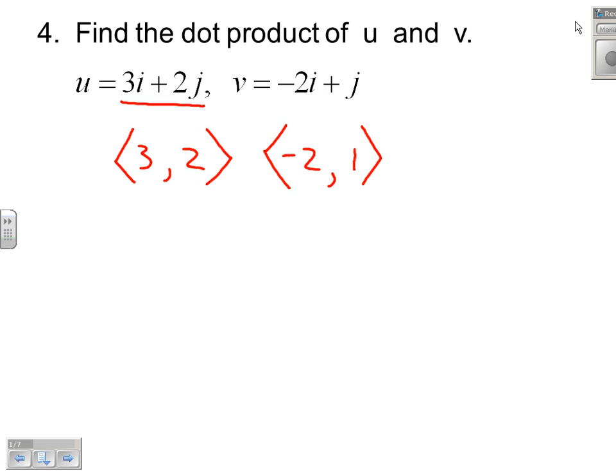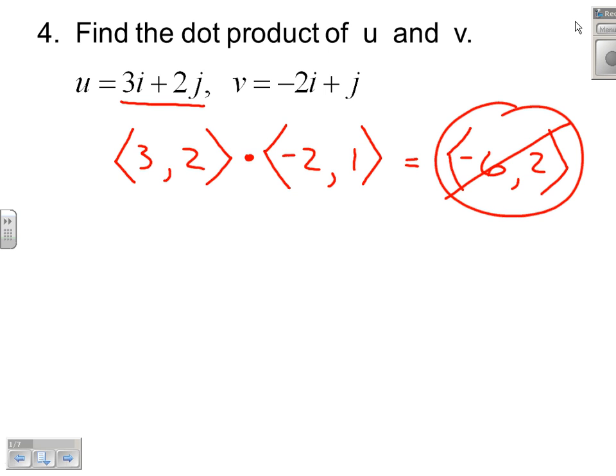And to find the dot product, it looks just like multiplication, but we probably should say u dot v. If you say u times v, in effect, you're right, but it's not what you might think it is. It's not just multiply the x's, multiply the y's, and get this vector. In fact, it's not even going to end up being a vector at all.